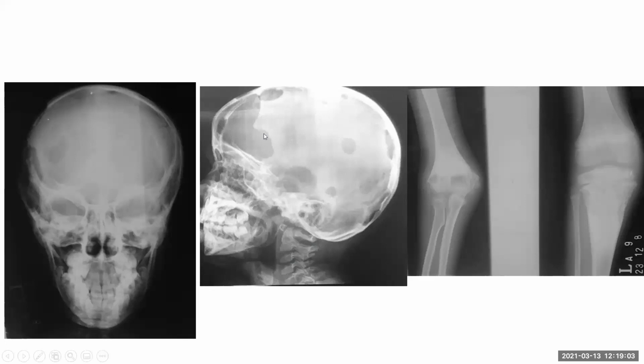These are the typical beveled margins of Langerhans cell histiocytosis, eosinophilic granuloma, as this patient was diagnosed. What I usually do is ask for a skull radiograph when there are such lesions, and many times we have diagnosed on these typical appearances, and of course then bone marrow and all is done. The lesions are also in the metaphysis of long bones.